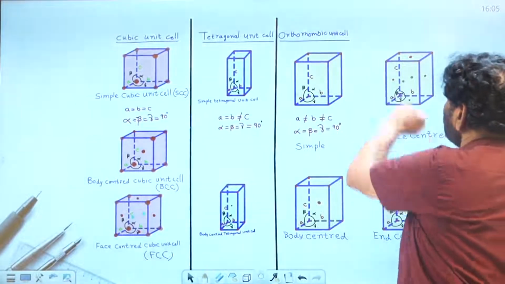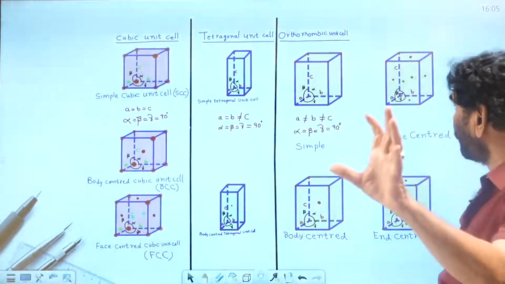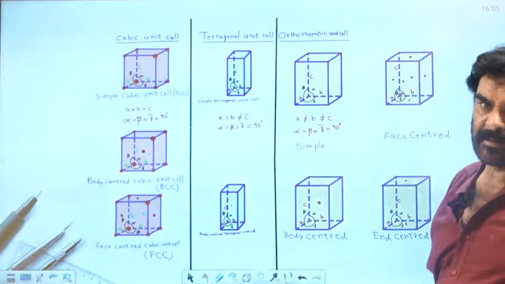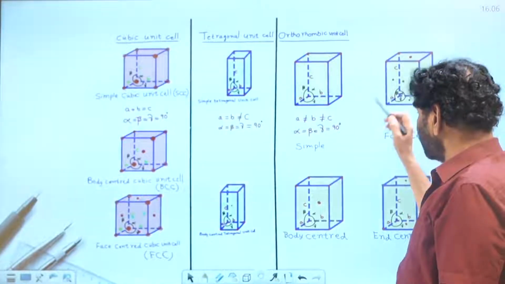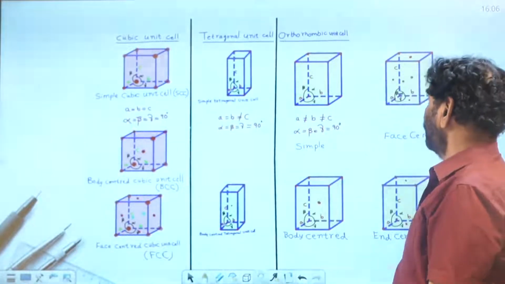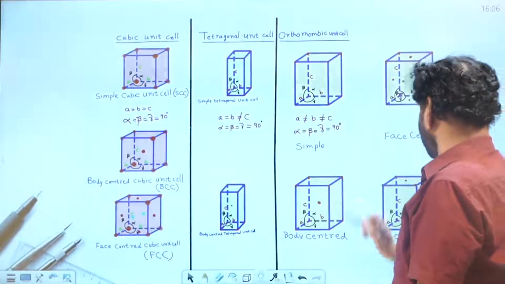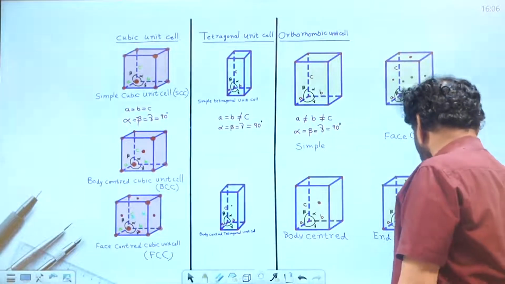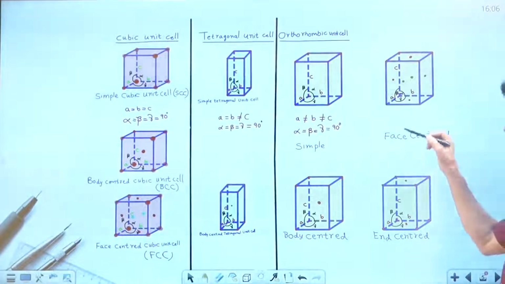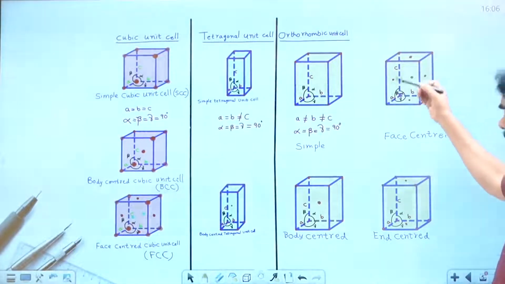Here the maximum number of unit cells are possible. There are 4 types of orthorhombic unit cells. One is the simple or primitive orthorhombic unit cell, then the body-centered orthorhombic unit cell, the face-centered orthorhombic unit cell, and the end-centered orthorhombic unit cell. In face center, the 8 corners are occupied by lattice points and the 6 face centers are occupied by lattice points.